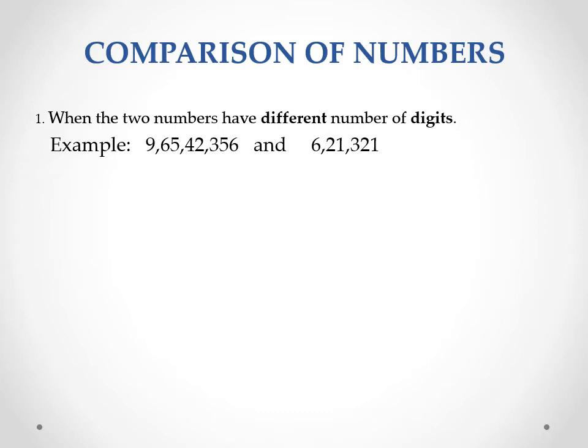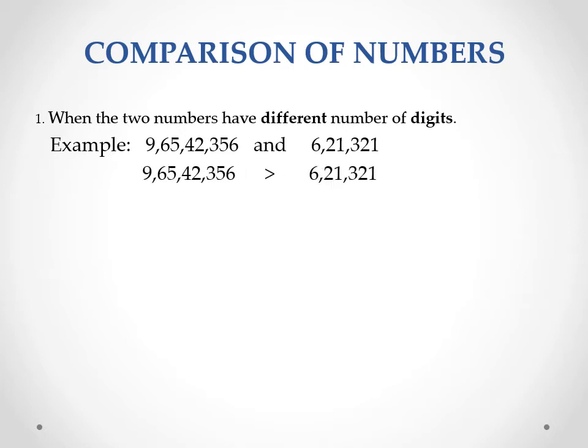Observe both the given numbers by counting digits. Here the first number is a 9-digit number, whereas the second number is a 6-digit number. A 9-digit number is greater than a 6-digit number.